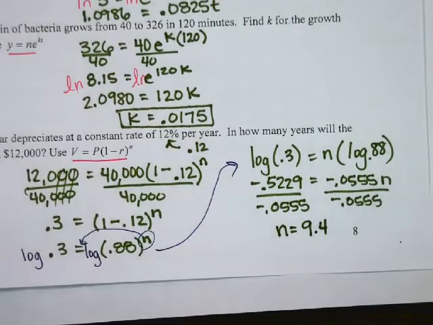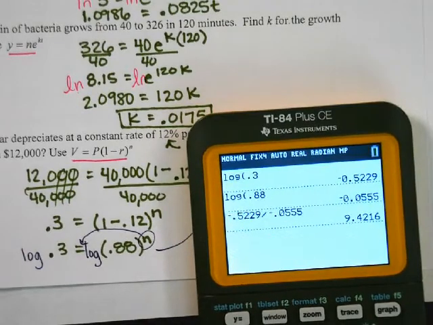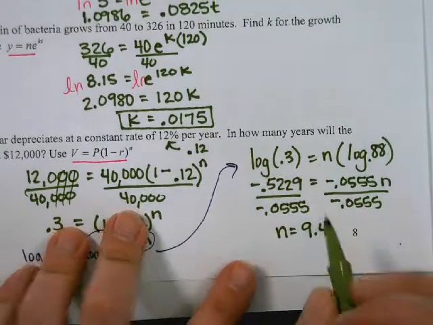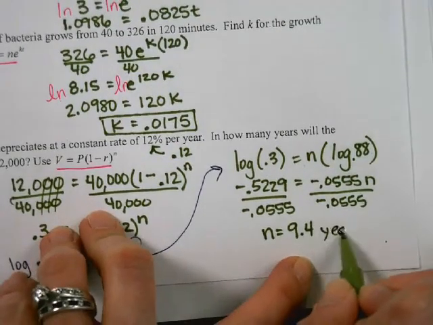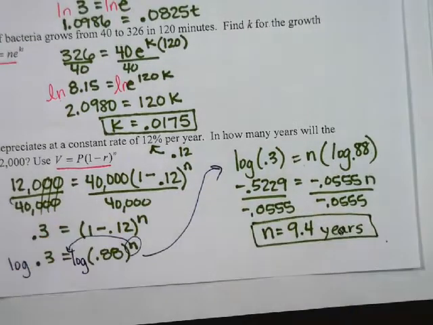What'd you get, Harry? I got 9.4. I got 9.4216. So close enough for me. So in 9.4 years, my car will be worth $12,000.